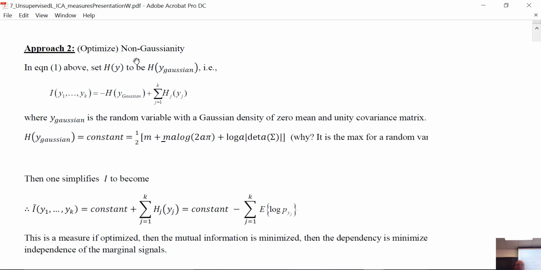So all we've done here is we're saying we're going to optimize non-Gaussianity. We want the output here to be far away from being Gaussian. So this thing is the difference between our output, whose density we can manipulate, and this ideal Gaussian that has the maximum uncertainty. We want to keep it as far from being Gaussian as possible.